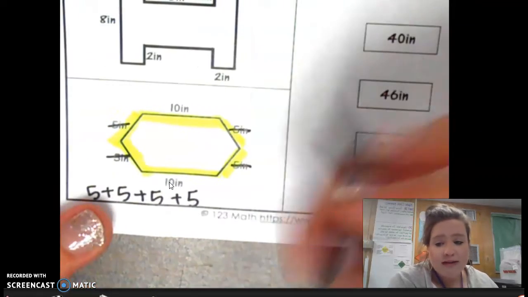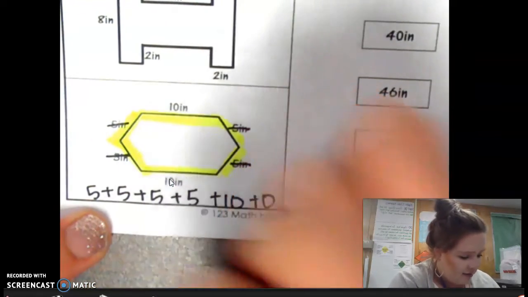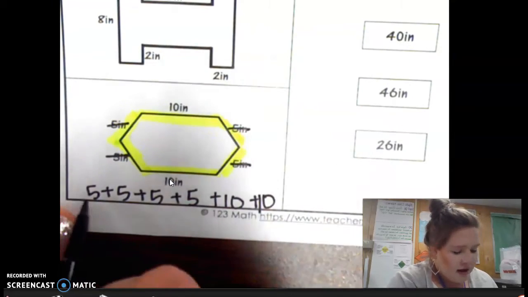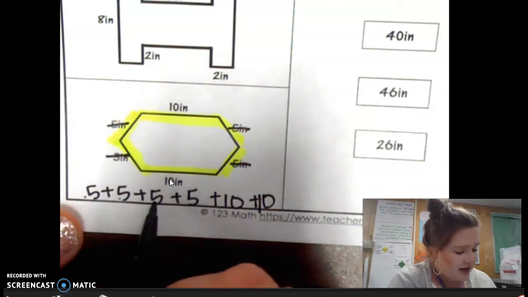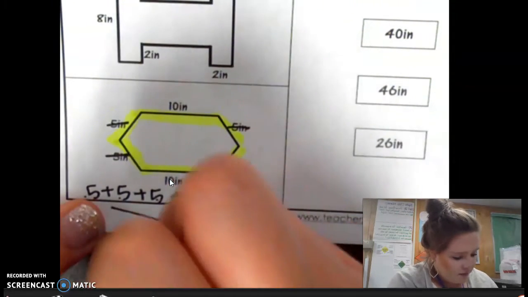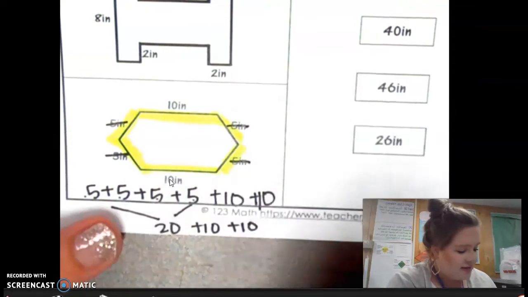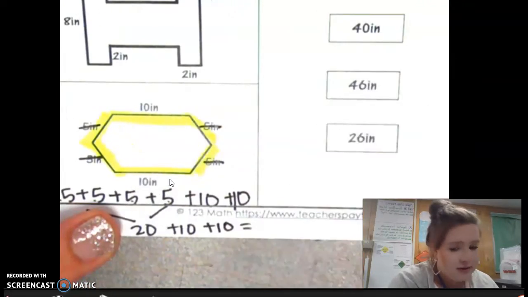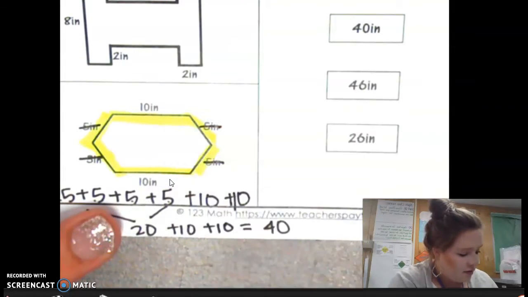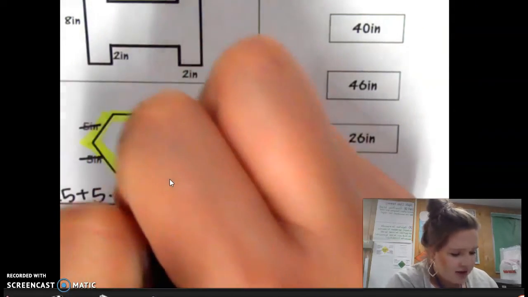I'm just going to group them differently. Plus 10 plus 10. Okay? I can count by 5s. 5, 10, 15, 20. Plus 10 plus 10. 20 plus 10 is 30, plus 10 more equals 40. So the perimeter of this one is 40 inches.